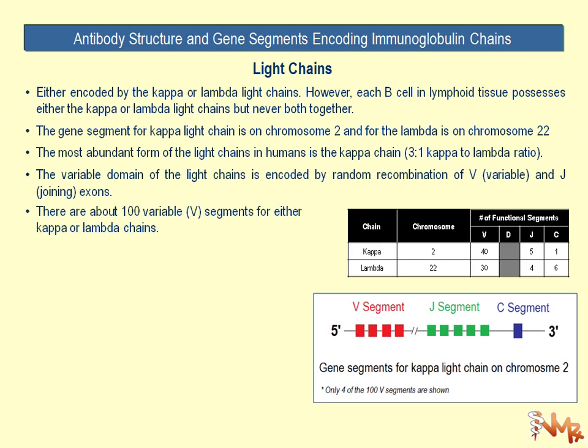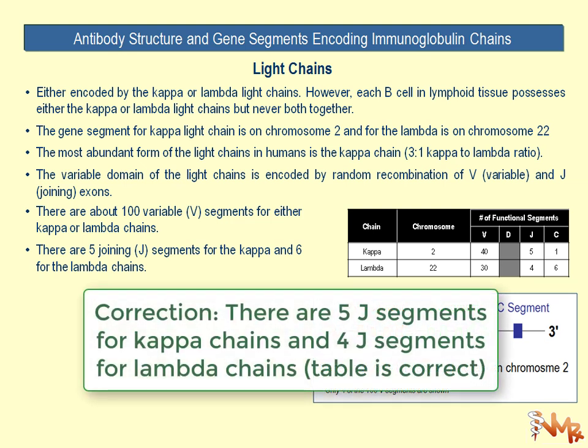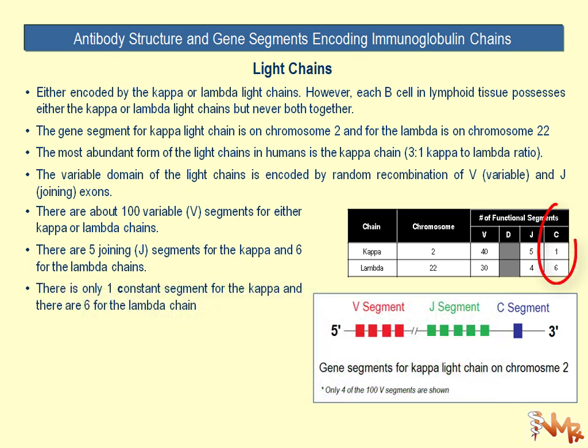There are about 100 variable V segments for either kappa or lambda chains. There are 5 J segments for kappa and 6 for lambda chains, as again you see in the table. There is only 1 constant segment for the kappa and there are 6 for the lambda chain.